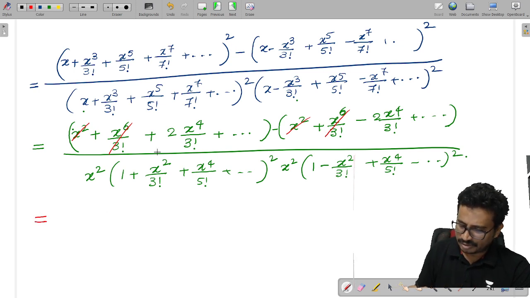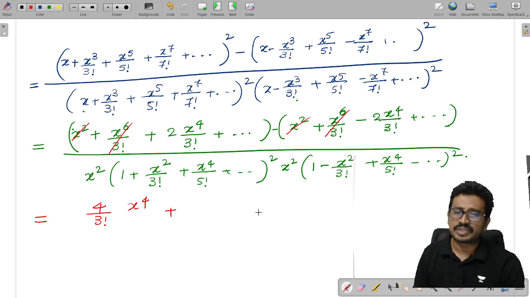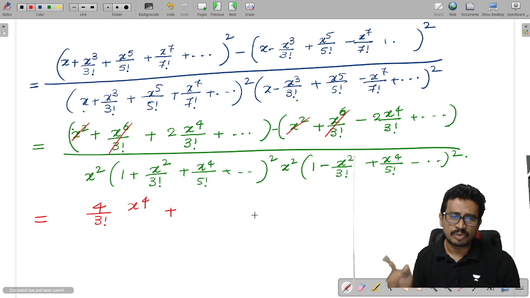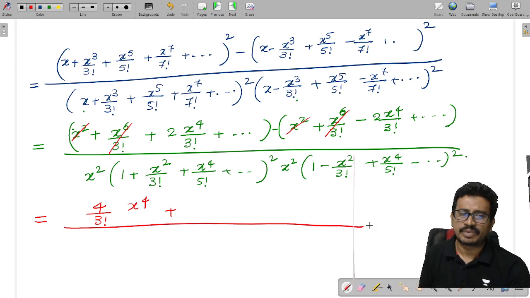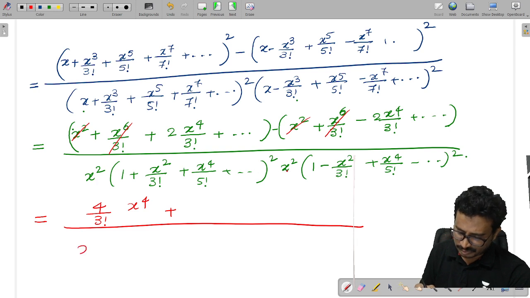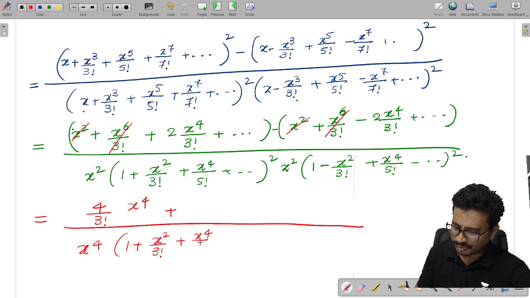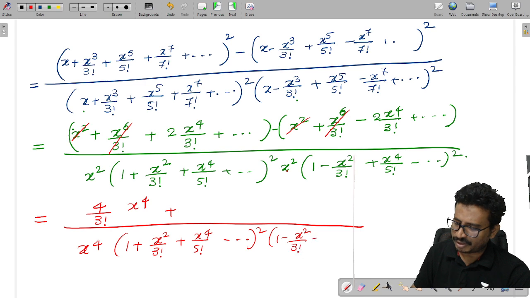You see this will be added, that is 4 by 3 factorial into x power 4 plus the remaining powers, which must be more than x power 4, yes or no, those are more than x power 4. And this x square, this is x power 4 into 1 plus x square by 3 factorial plus x power 4 by 5 factorial, whole square, again 1 minus x square by 3 factorial plus x power 4 by 5 factorial.